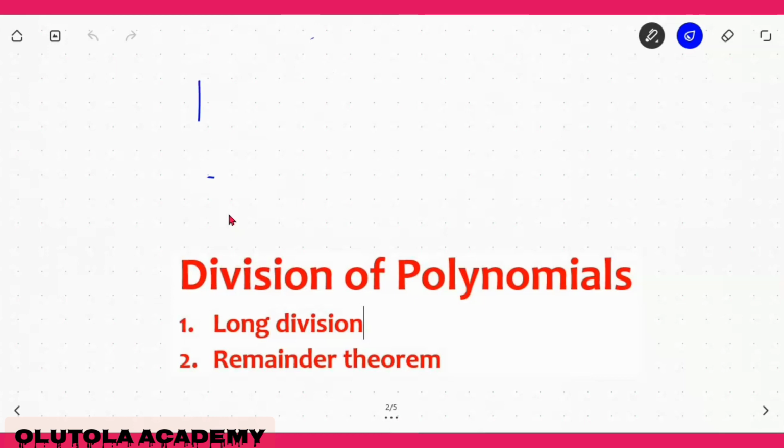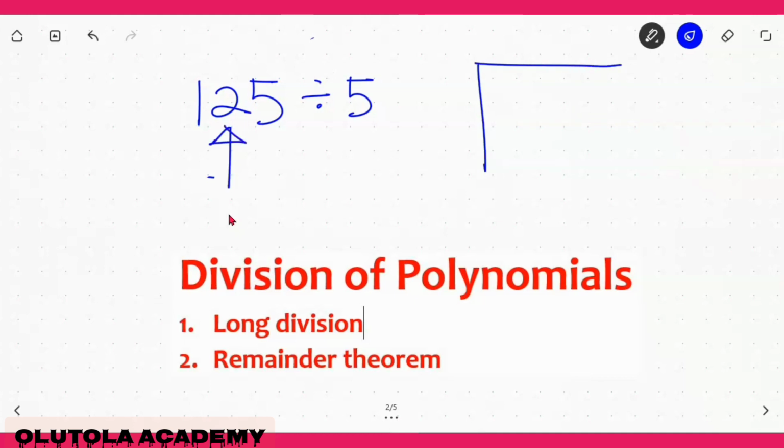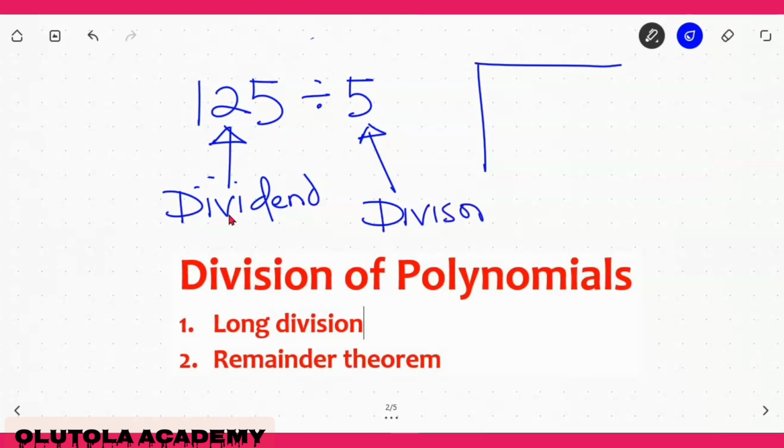let's say we have 125 divided by 5, most times it is written this way, where this we call the dividend, then we call this the divisor, and whatever we have as the answer, we call that the quotient.